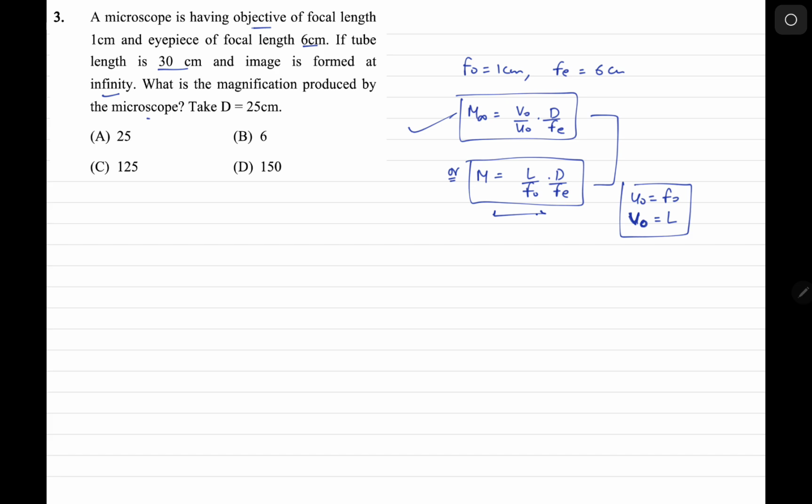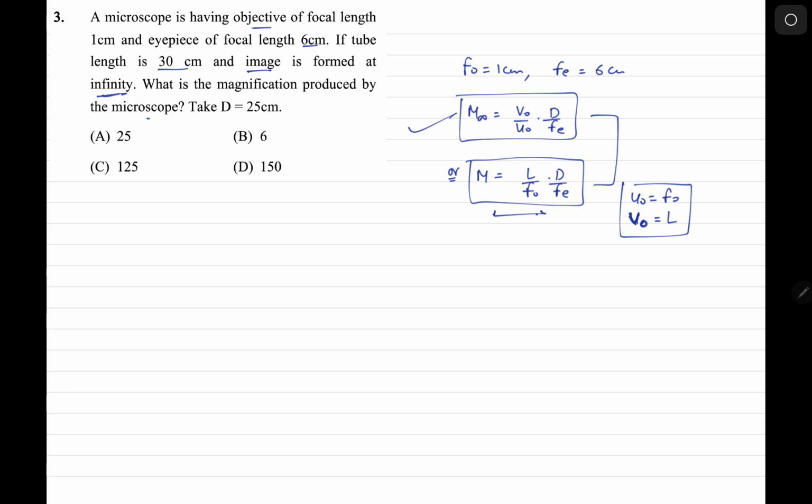So both the formulas can be used under the same condition, when the final image is formed at infinity. In this case the image is formed at infinity. Sometimes you may wonder which formula will be used here, and you can decide just by seeing the question, just by seeing the variables.